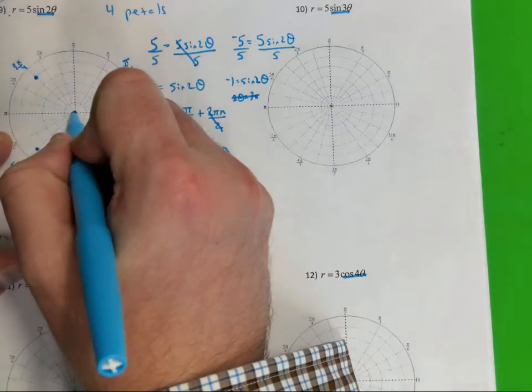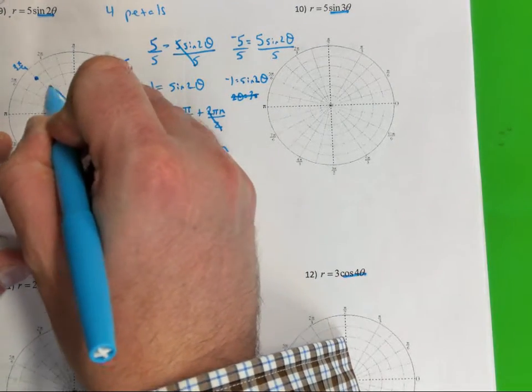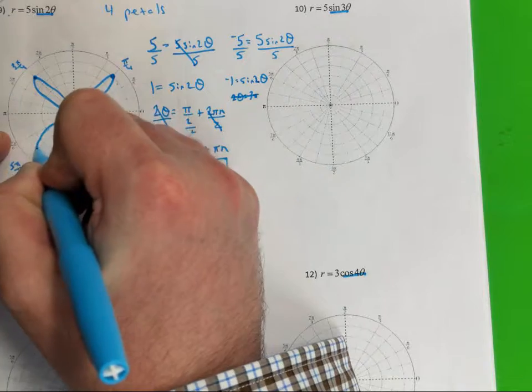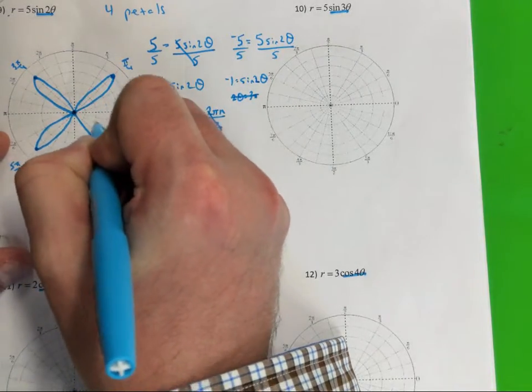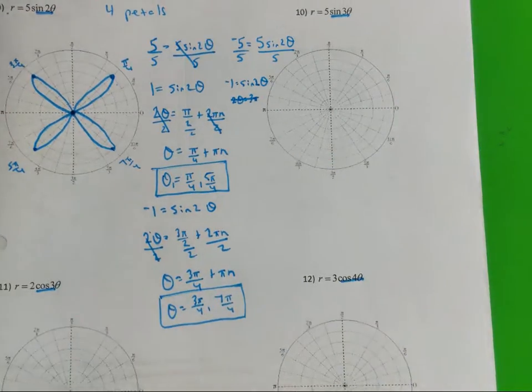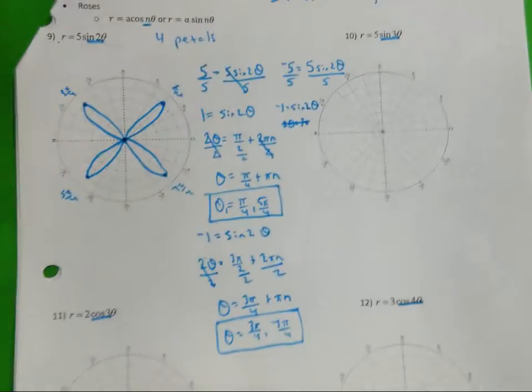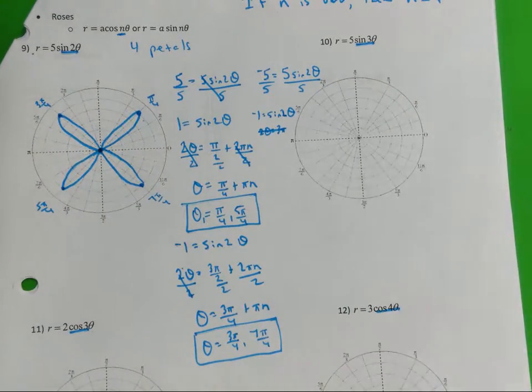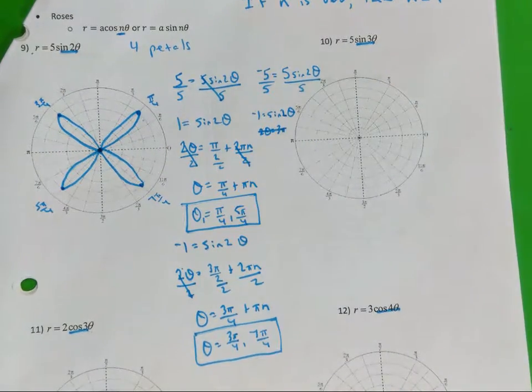Now watch how I do this. That's why they call them roses, because they look like flowers. And that's your graph of that particular function.